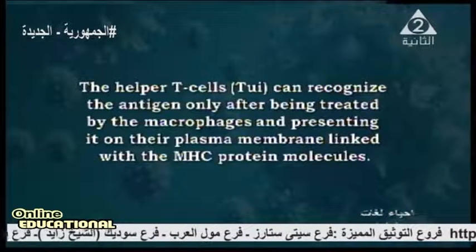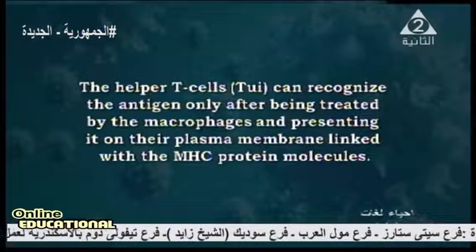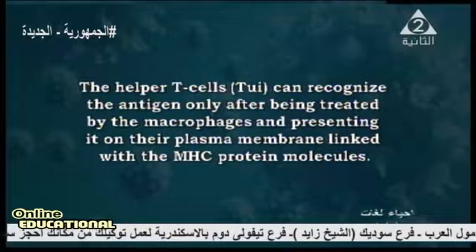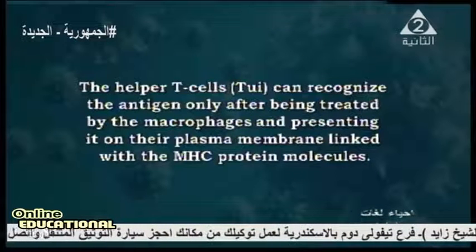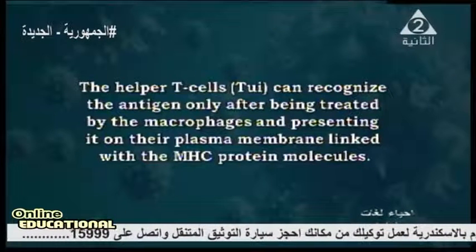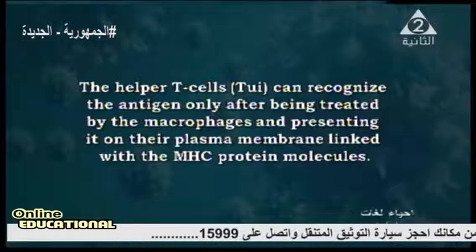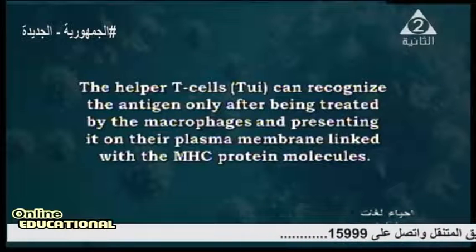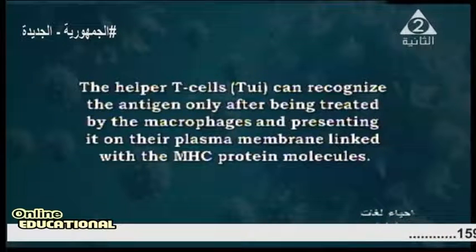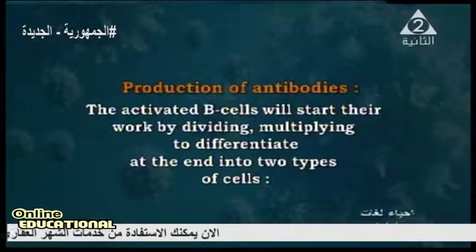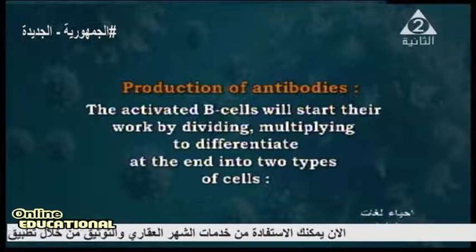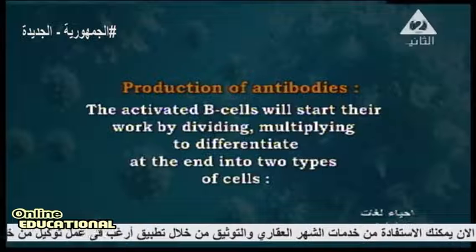Okay, the helper T cell, after recognizing the antigen treated by the macrophage and presented on its plasma membrane, is linked with the MHC protein. After it is linked, what happens? Production of antibody. These are the antibodies that act against the microbe.